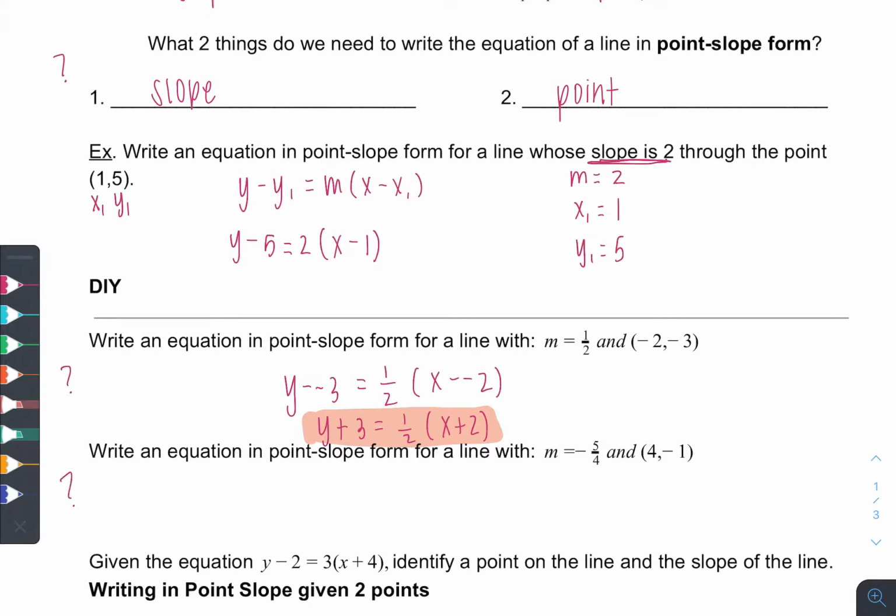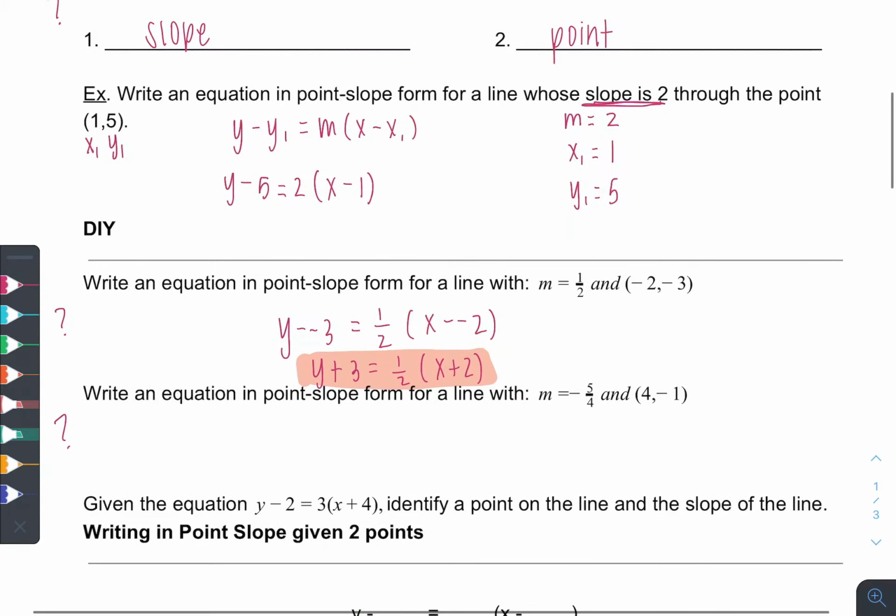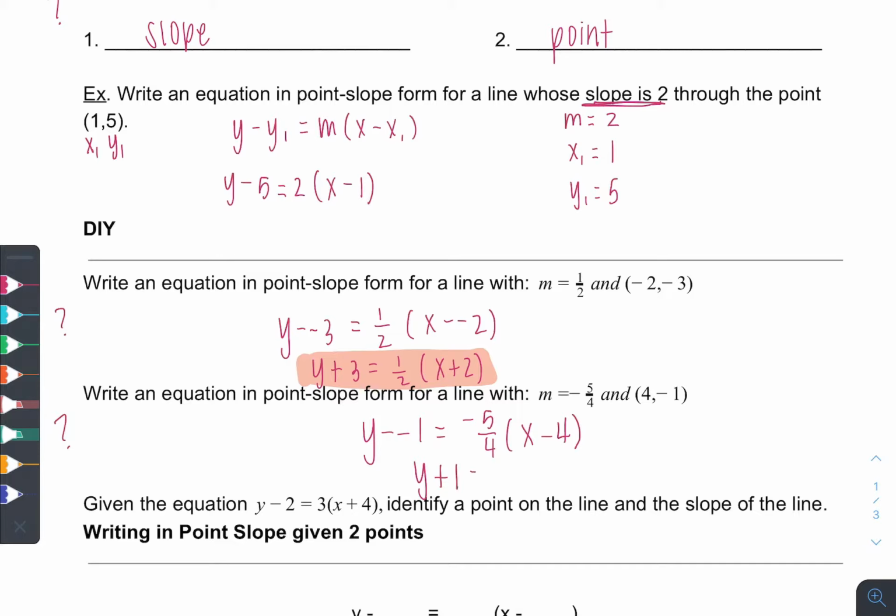All right, go ahead and do the next one. What you should have had for this one was y minus negative 1 equals m times x minus 4. When we simplify, we get y plus 1 equals negative 5/4 x minus 4. So that right there is your final answer.